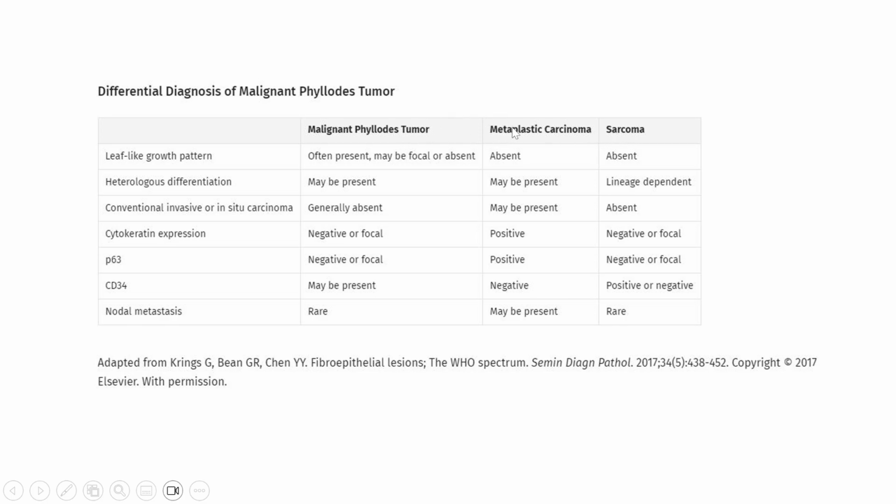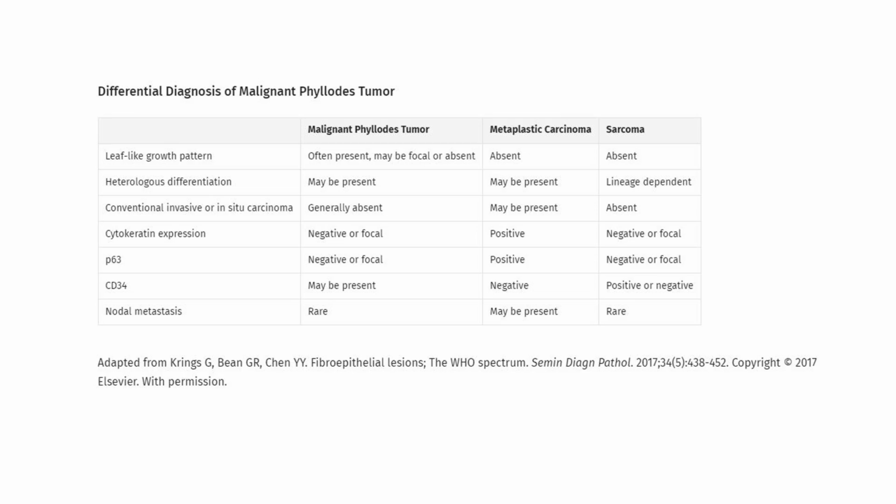Between phyllodes and metastatic carcinoma, usually in malignant phyllodes, you may find some benign phyllodes component like leaf-like structure. Then if you want to tell for sure this is metastatic, not malignant phyllodes, you may need to use different kinds of cytokeratin markers, including high or low molecular weight pan-cytokeratin, AE1/AE3, CAM 5.2.